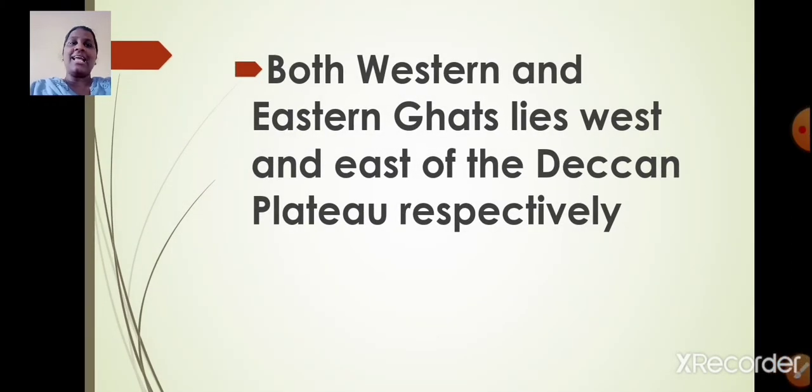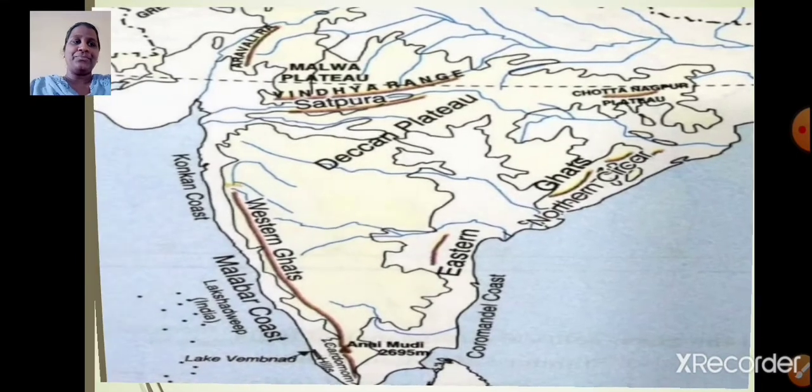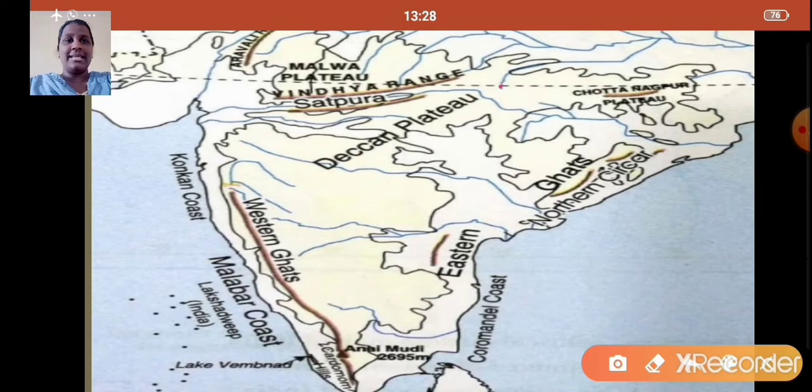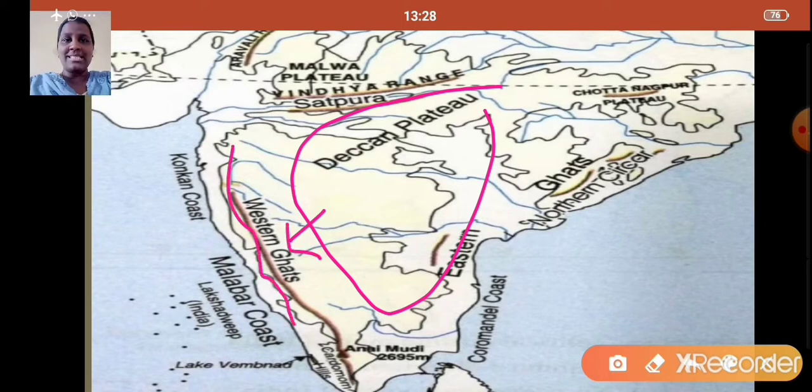Both Western and Eastern Ghats lie west and east of the Deccan Plateau respectively. Here you can see the Deccan Plateau, isn't it, students? So to the west of Deccan Plateau we have the Western Ghats, and to the east of the Deccan Plateau we have the Eastern Ghats. Is that clear?